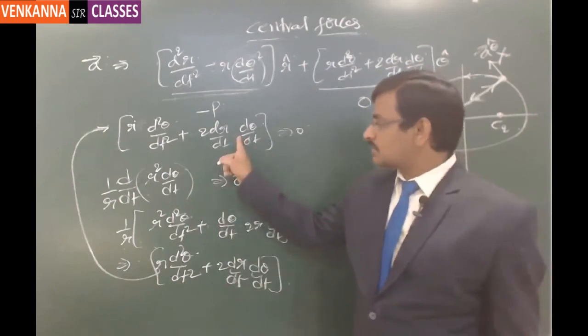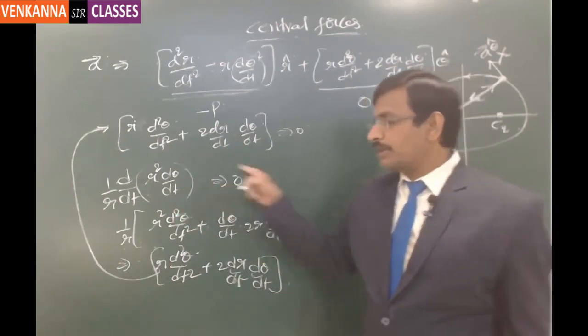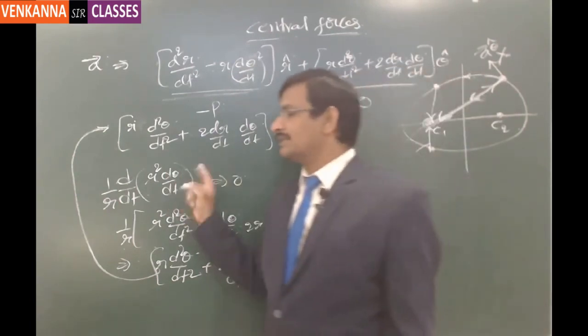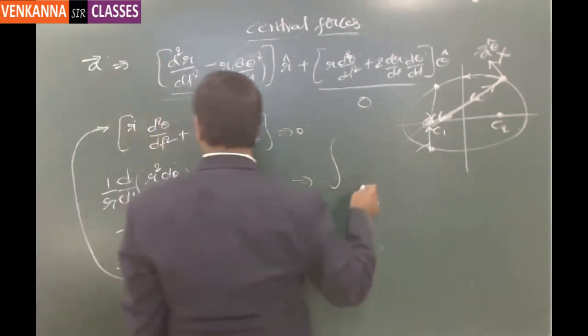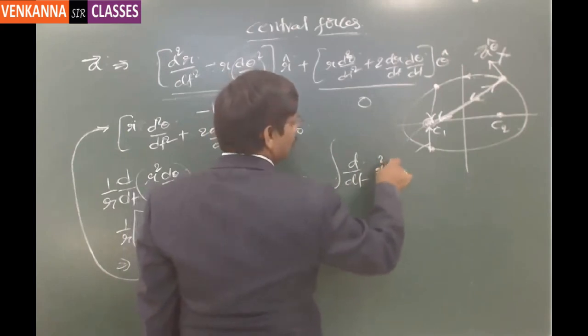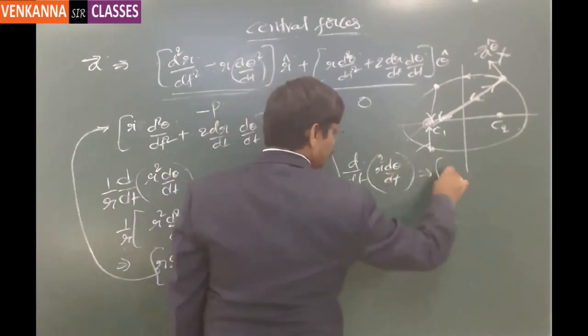So this transverse component I have now expressed in this particular format, and this component is anyway zero for any central force. Then taking this exact differential, d by dt of r square d theta by dt is equal to 0.